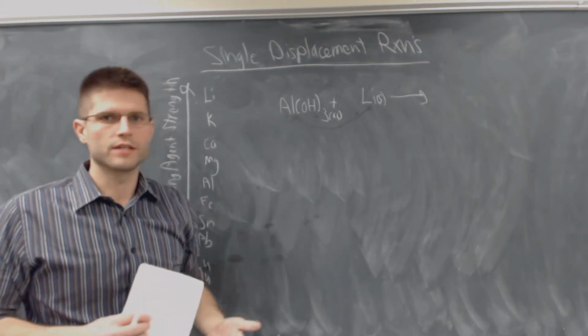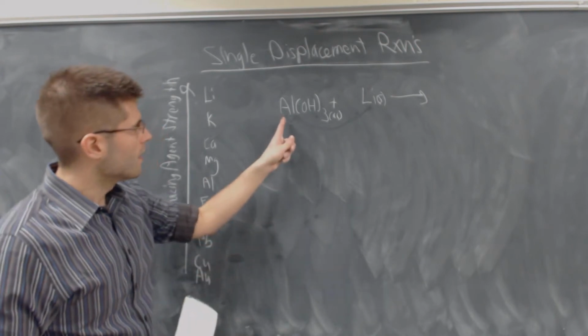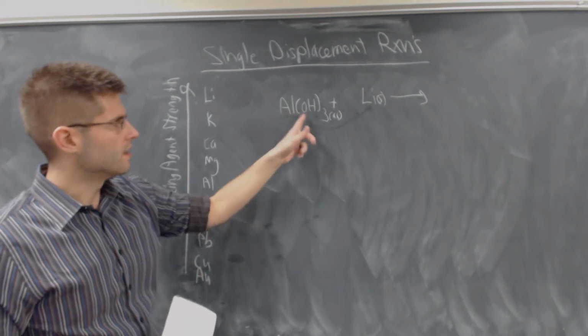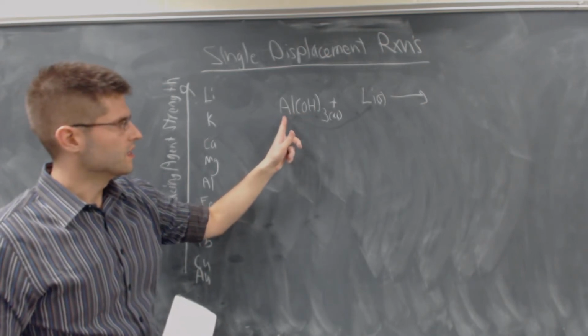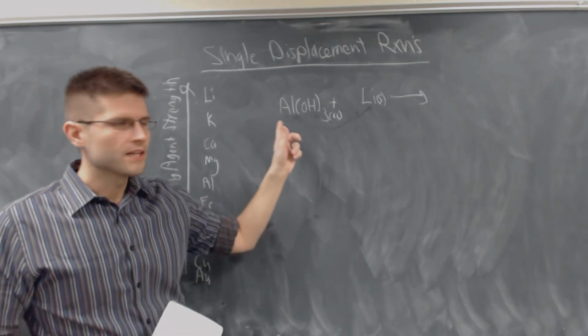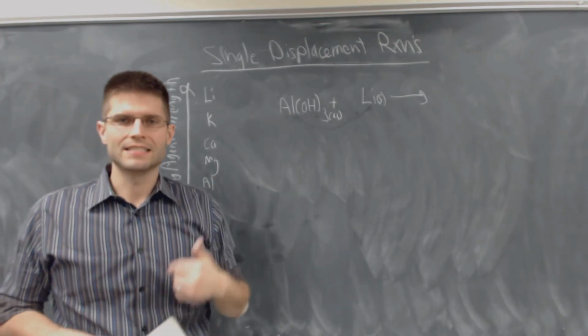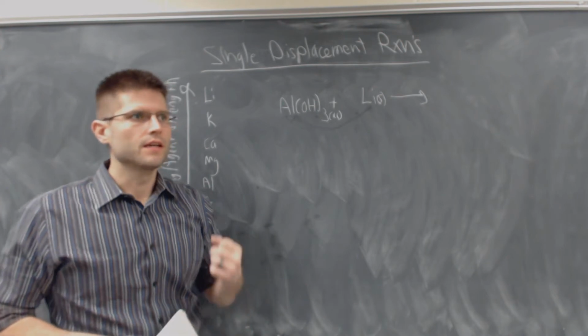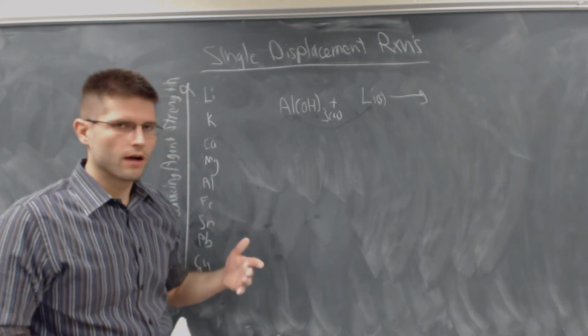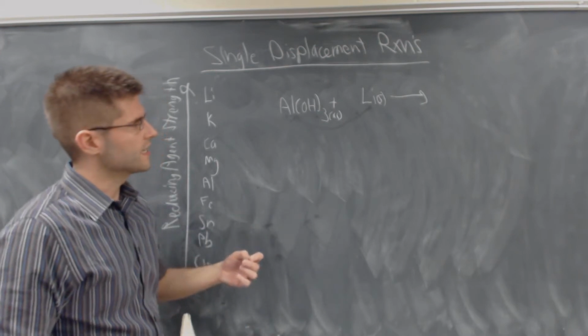Now, how do we know which one is better at this? Well, if we were to assign oxidation numbers to each of these elements, and we were making the aluminum hydroxide, we would see that aluminum is acting as a reducing agent. How is that possible? What is a reducing agent? Remember a few videos ago we talked about reducing agents?